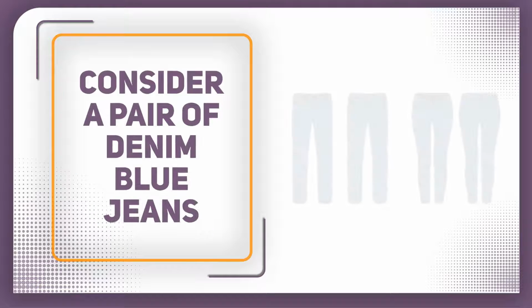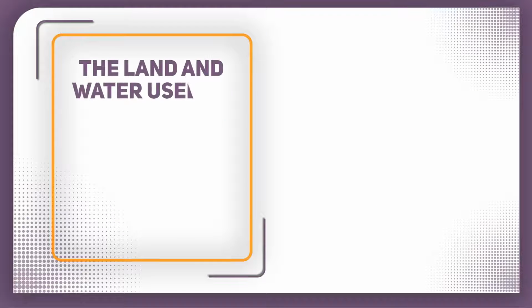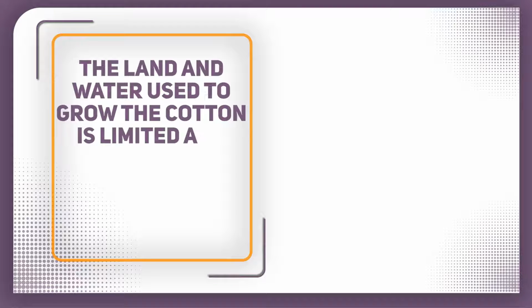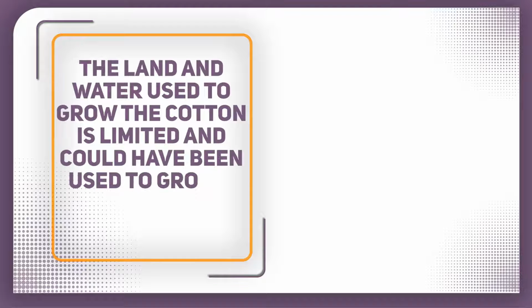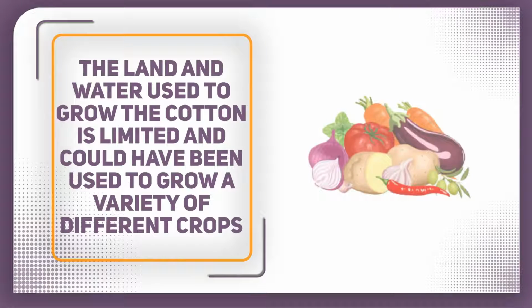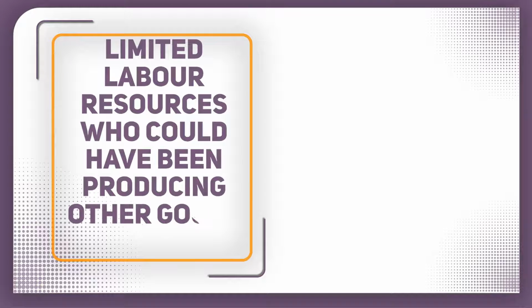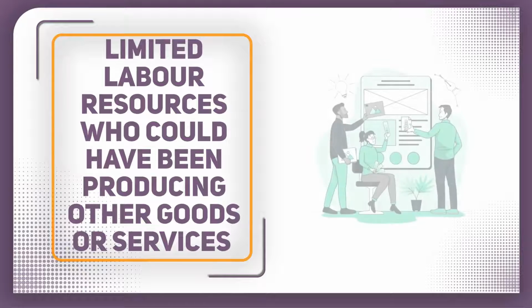Consider a pair of denim blue jeans. The denim is made of cotton, grown on the land. The land and water used to grow the cotton is limited and could have been used to grow a variety of different crops. The workers who cut and sewed the denim in the factory are limited labour resources who could have been producing other goods or services in the economy.